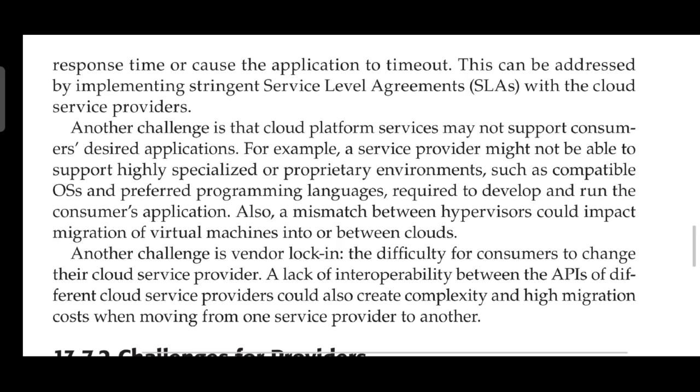So this is another issue, where there are services provided by the service provider, but the service provider may not be able to provide all the types of software or operating system that is compatible for your computer or mobile phone, right? They may give the service, but considering certain limitations, in the sense that it may be supported for only operating system version 8, 9 or 10.